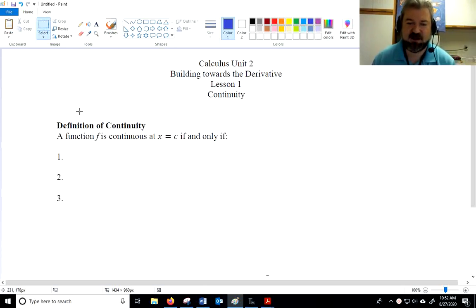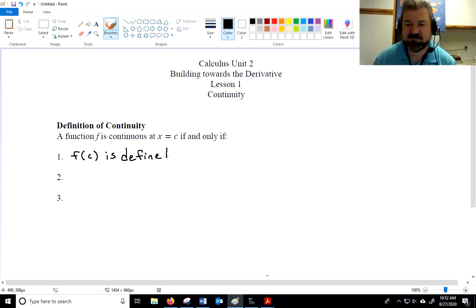A function f is continuous at x equals c if and only if the following are all true. First of all, we need to know that f of c exists. Or, in other words, let me be precise, f of c needs to be defined.